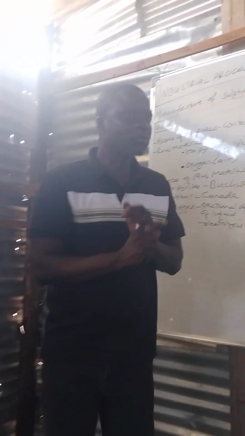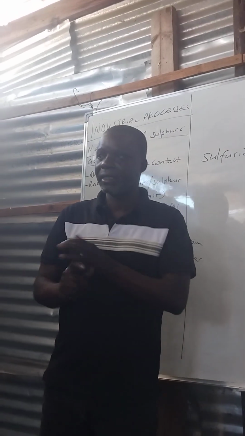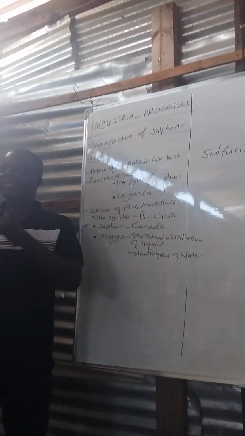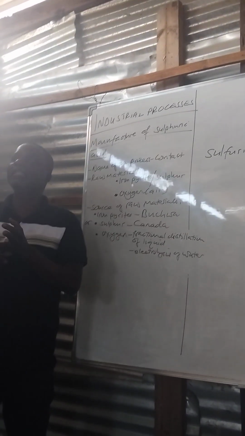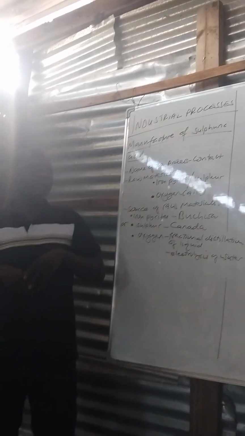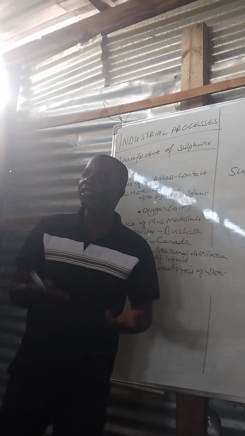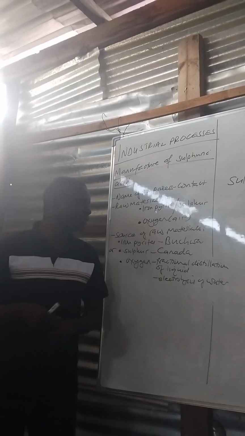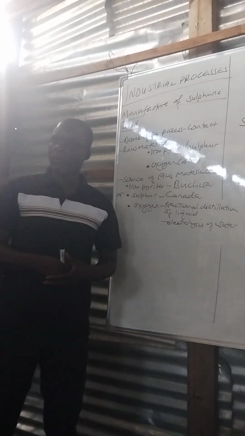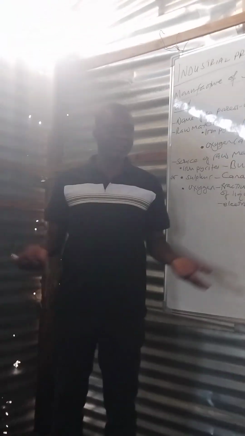So, first, what is the name of the process? The Contact process. What are the raw materials used? Iron pyrites and oxygen. You can also say sulfur instead of iron pyrites. Then the source: iron pyrites from Bukwa mine.